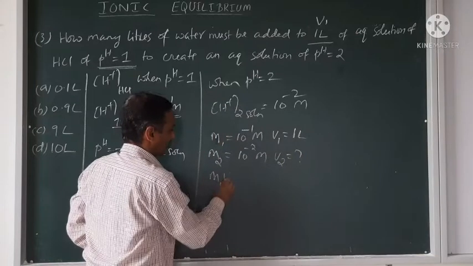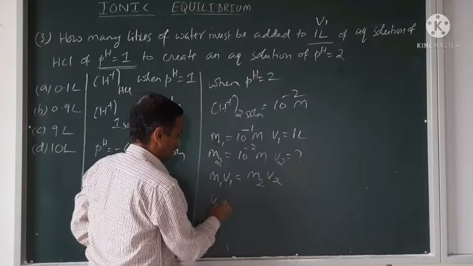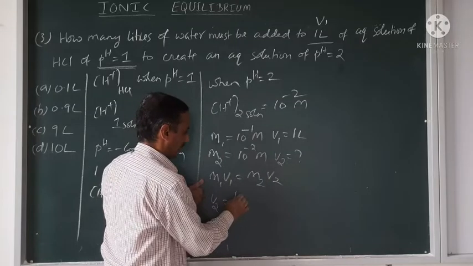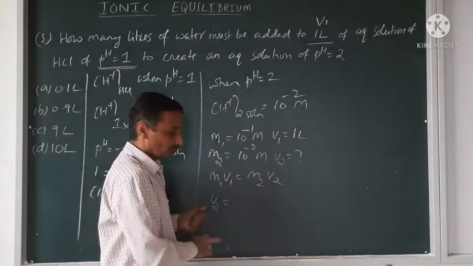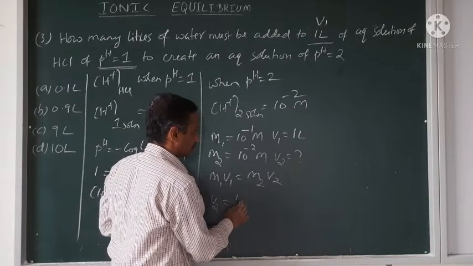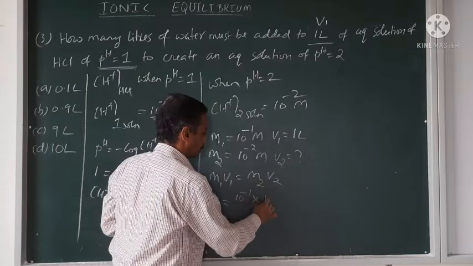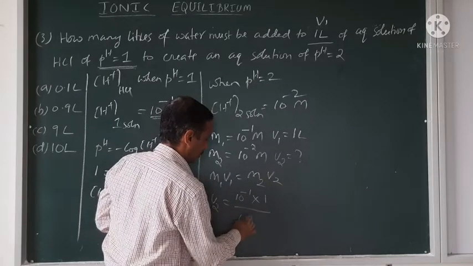So M1 V1 is equal to M2 V2. V2 is equal to 10 to the power minus 1 into 1 divided by 10 to the power minus 2.